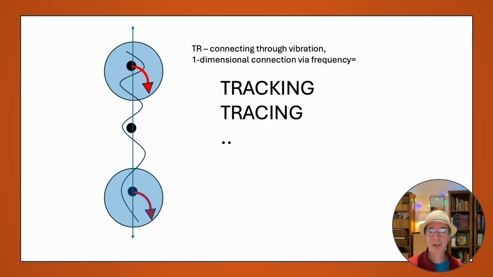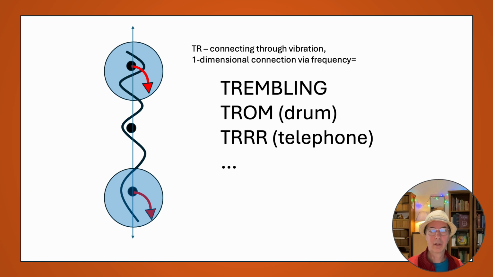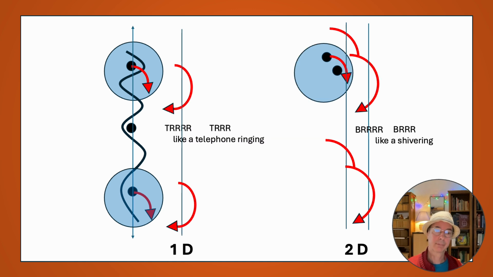You have the tracking or tracing, it connects through that vibration and there it can connect itself. But the easiest thing to associate from it is of course that trembling, which you also have in the trr, trr, trr of the drum, of trr, trr, trr from the telephone. So the trr, trr, trr is like a telephone ringing.